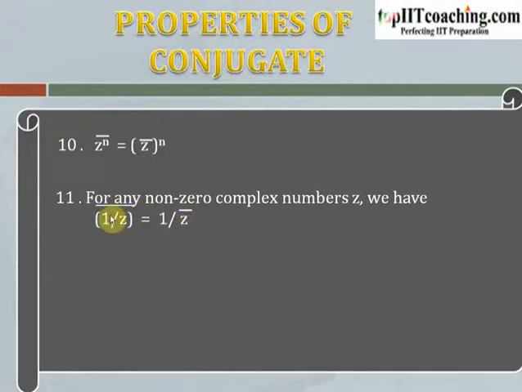Simply, the conjugate of 1 by z is equal to 1 upon z conjugate. And the last property is, the modulus of z is equal to the modulus of z conjugate. So the modulus of z is equal to the modulus of the conjugate of z. So these were some of the very important properties of the conjugate.